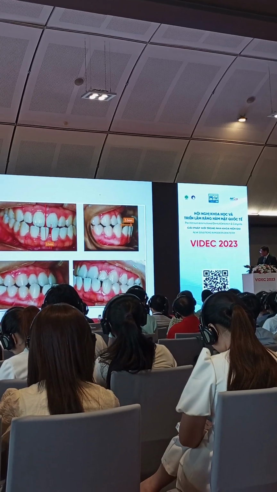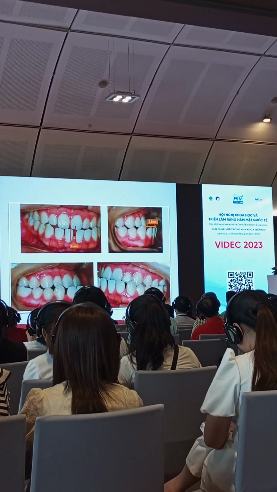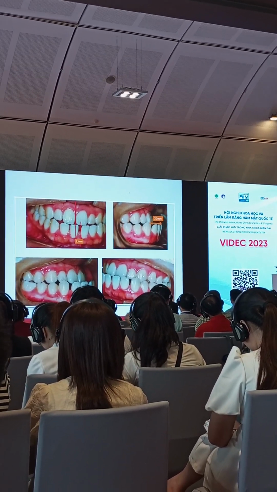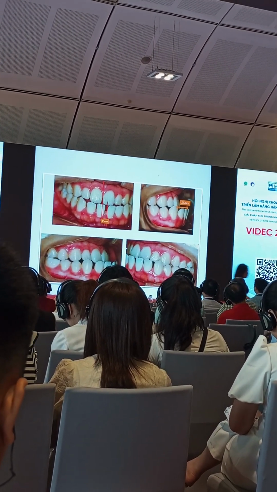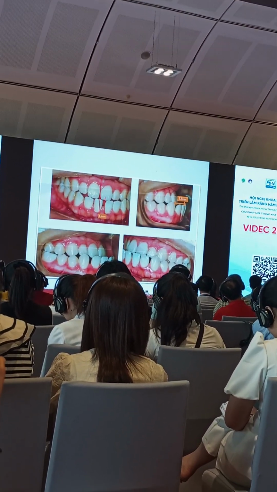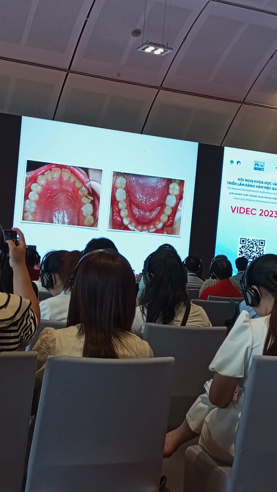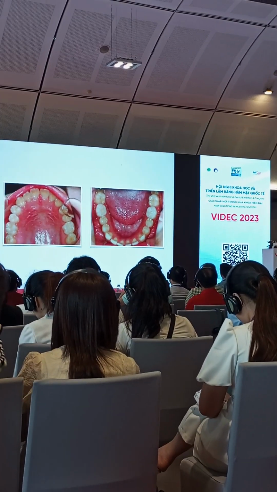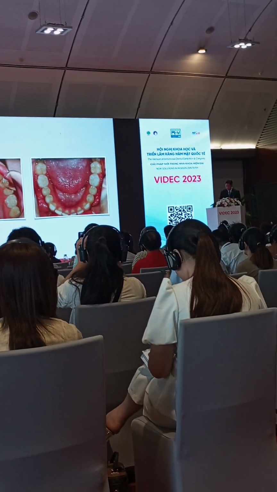On the right side, we have a full class 3 canine and molar relationship. On the left side, the molars are class 3, but the canine is class 1. This is the occlusal view. You get a very wide mandibular arch and a somewhat ovoid shape on the upper, that's why it has a lot of diastema on the lower.